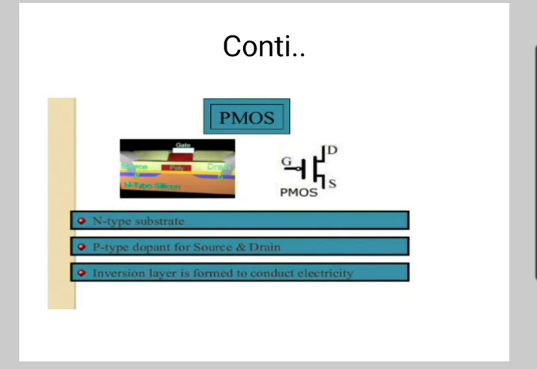In a PMOS transistor, an N-type substrate is used and P-type dopant for the source and drain. The inversion layer is formed to conduct the electricity. So a P-channel transistor requires logic 0 on the gate terminal to make the switch conducting, that is, transistor on.